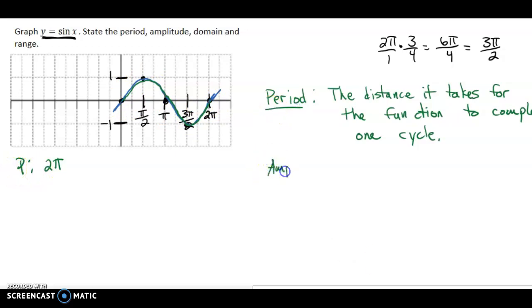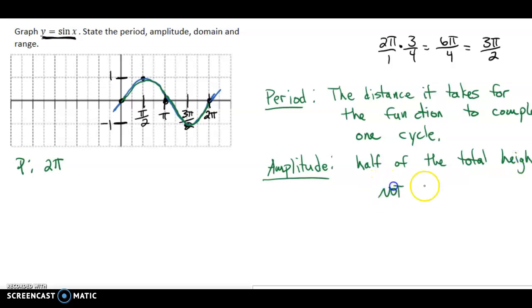The amplitude is, we're going to define it as half of the total height. It is not the maximum, although for a little while it'll look like the maximum.